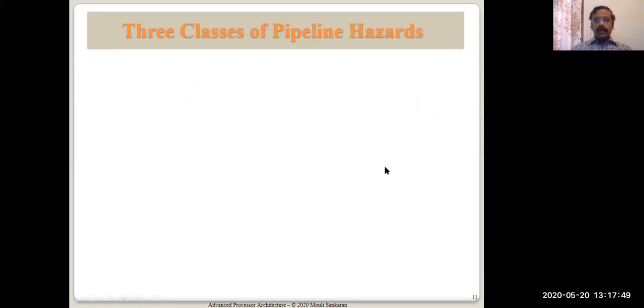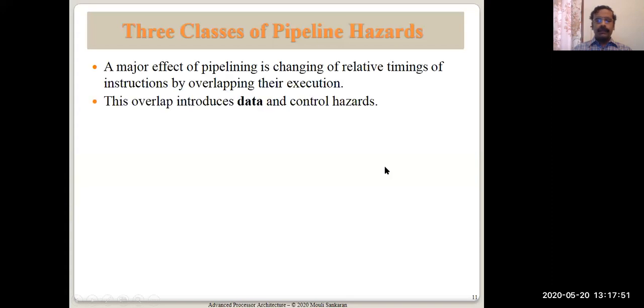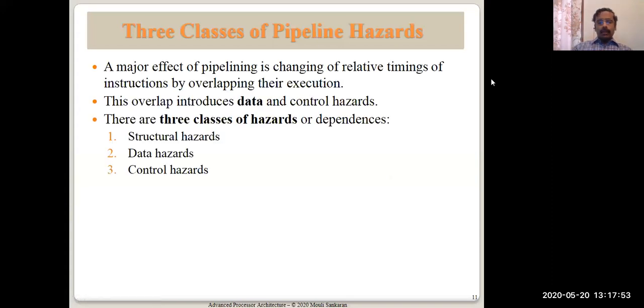Before I continue further, let me again tell you, we were talking about hazards. Let me summarize what we mean by hazard and what we want to study about it. Normally instructions are executed one after the other in an unpipelined CPU, and programs are written assuming that instructions are executed one after the other.